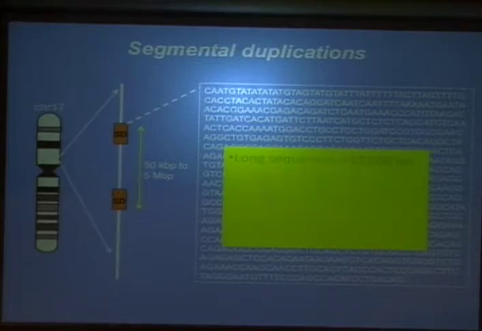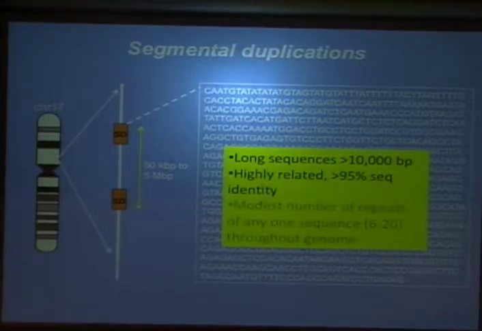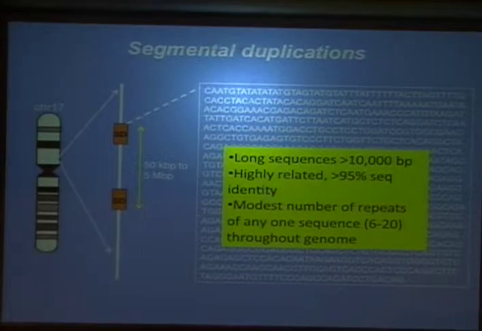Okay, so these are the characteristics of segmental duplications. One other important feature of them is that there are a modest number of them throughout the genome. There are other sequence elements in our genome that have zillions of copies, little teeny things, LINEs and SINEs and stuff like that. There are tons of them. These are not those. These are big sequences, moderately repeated.